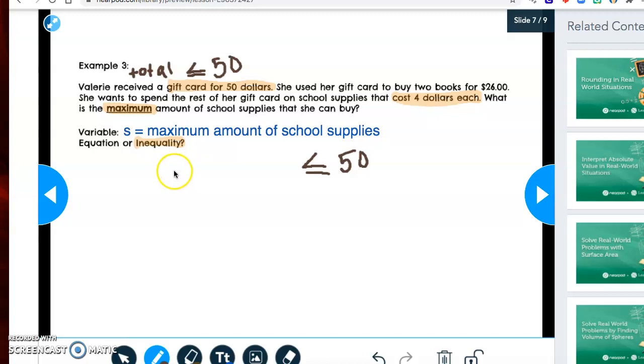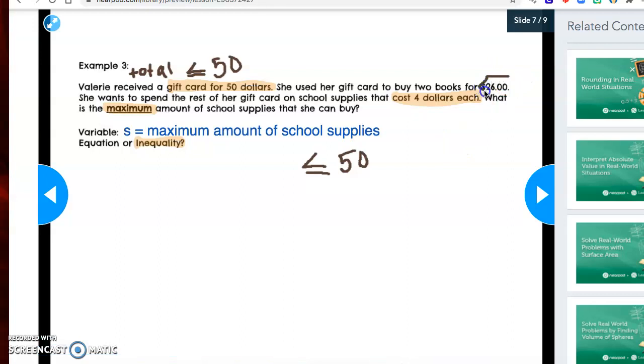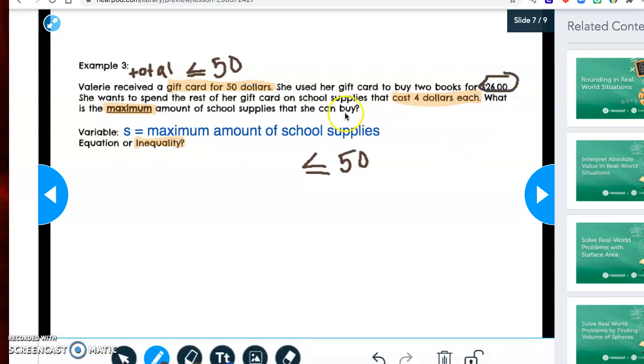So what did she buy here? The equation has to be like, what did she buy? She bought 2 books for $26, which I forgot to highlight. And she wants to spend the rest of her gift card on school supplies that cost $4 each.